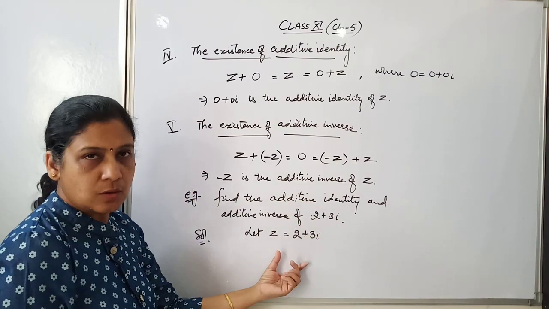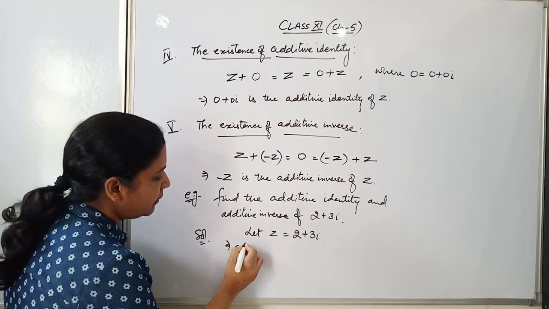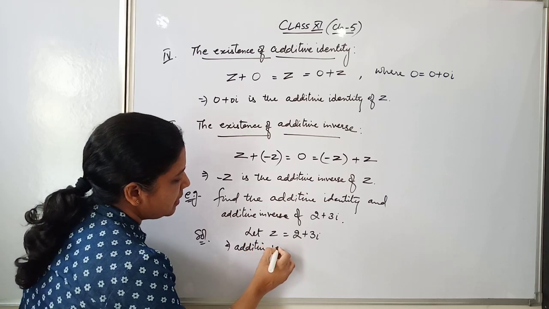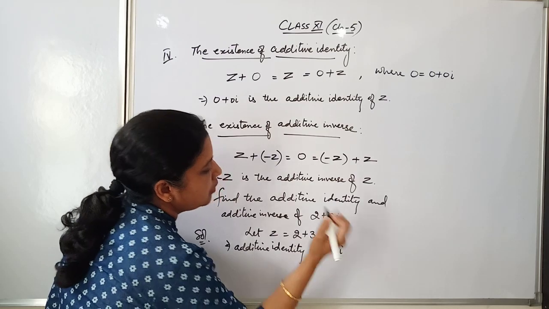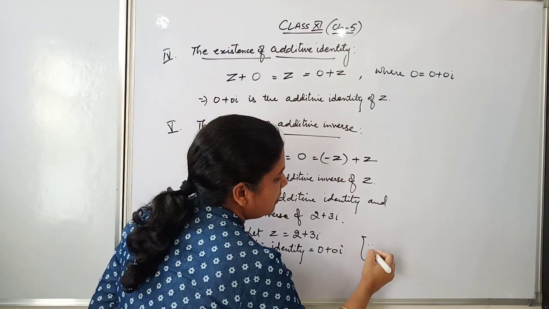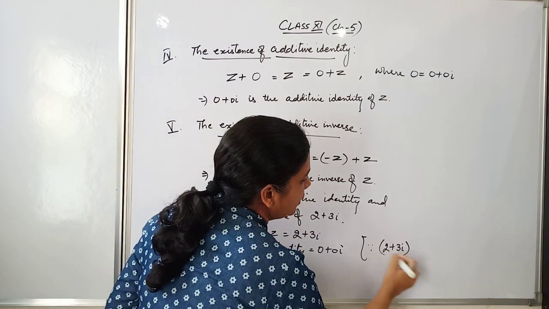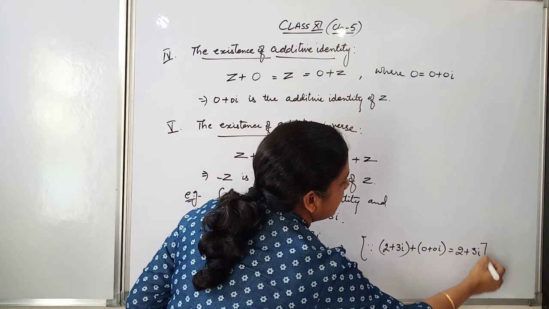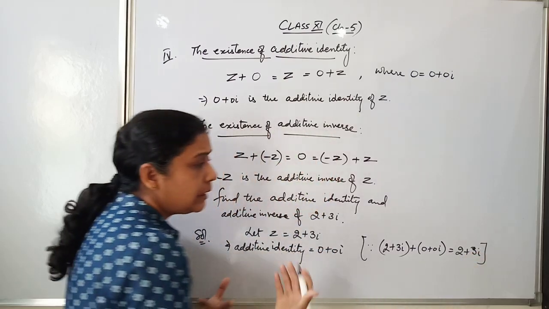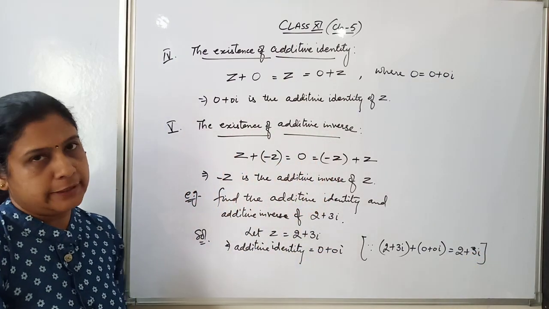I have labeled the complex number. So additive identity is equal to 0 plus 0 iota. Reason: 2 plus 3 iota when added with 0 plus 0 iota gives you the identical result. When it gives the identical result, this is the additive identity.